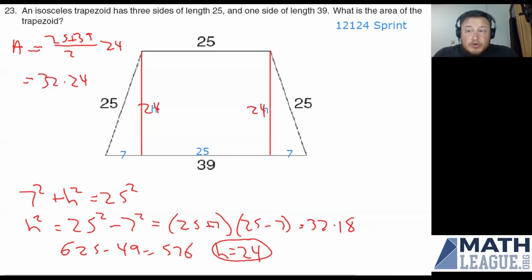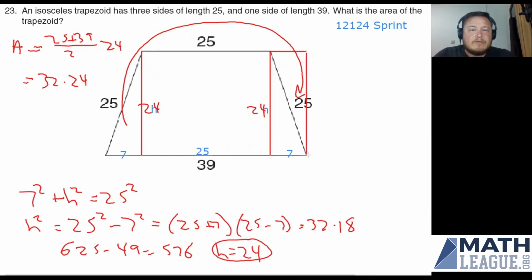Another thing you could do is imagine taking this triangle on the left and bringing it over and nestling it right there alongside that 25, rotating it around so that you have a 7 up here and a 24 down here.